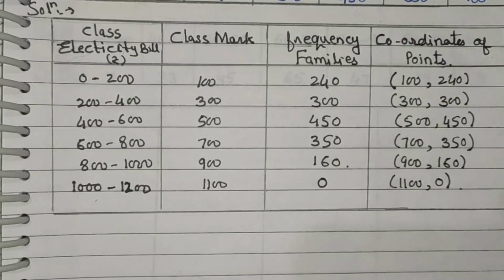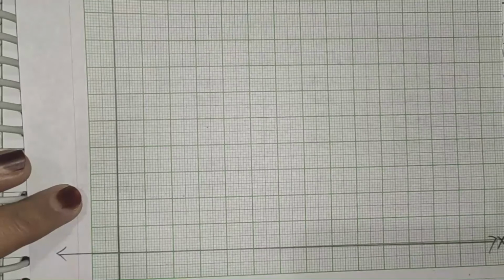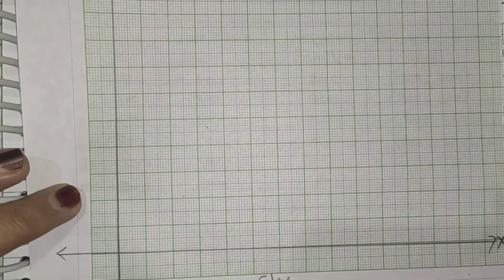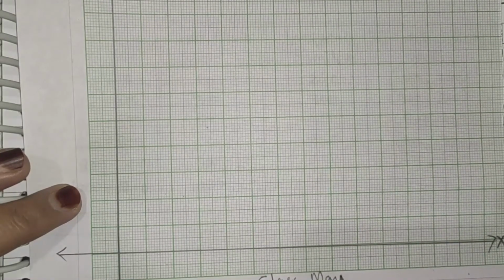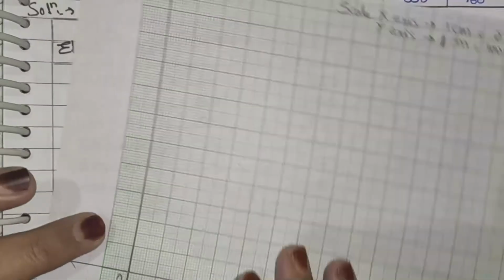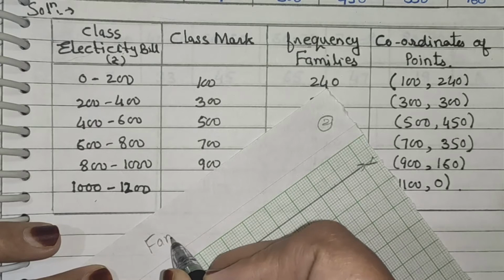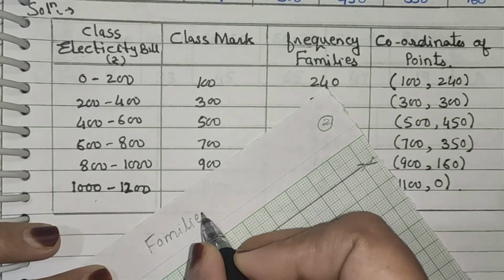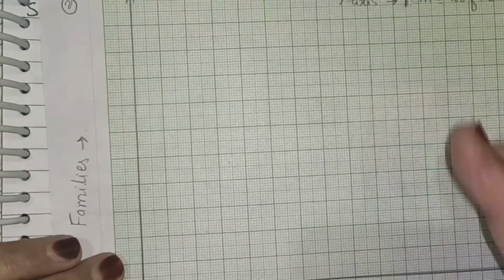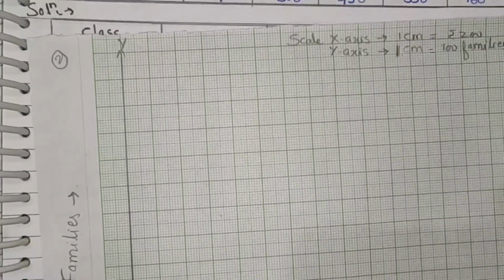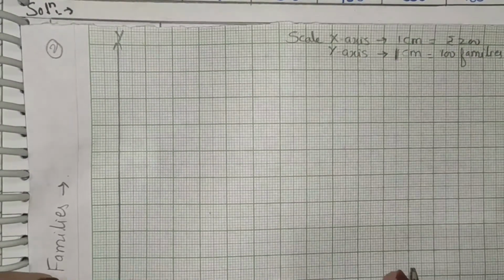Now draw a frequency polygon. On x-axis, write down here class mark. On y-axis, families. Now look at here.